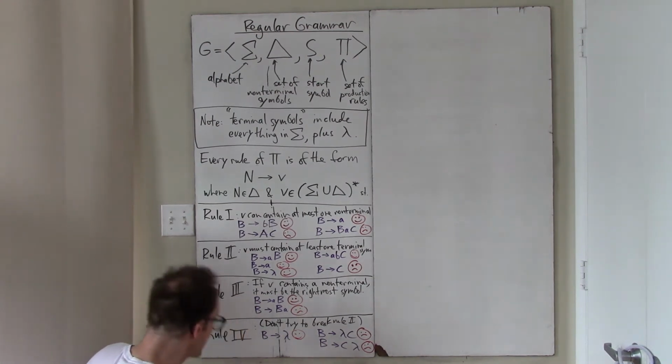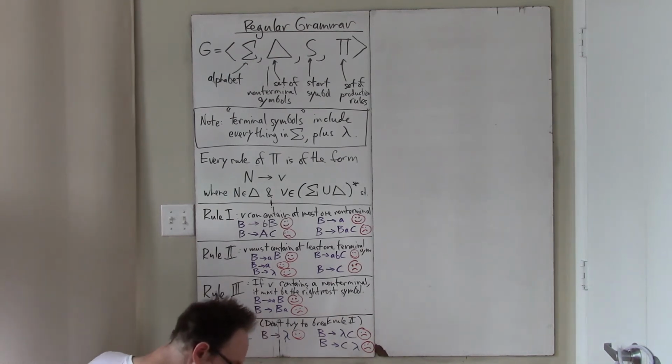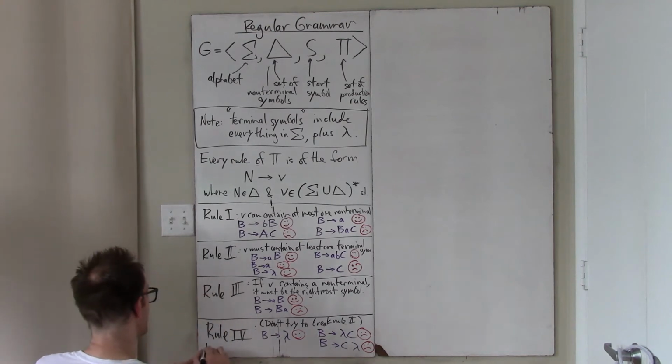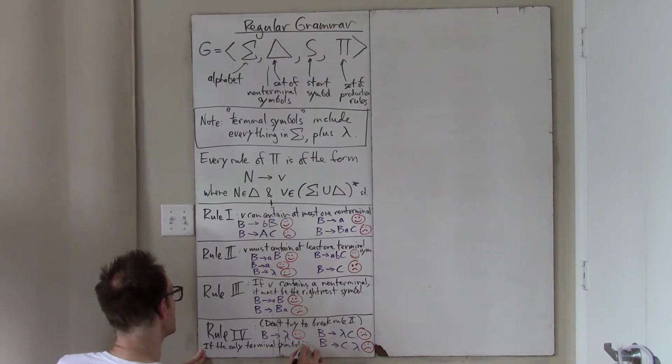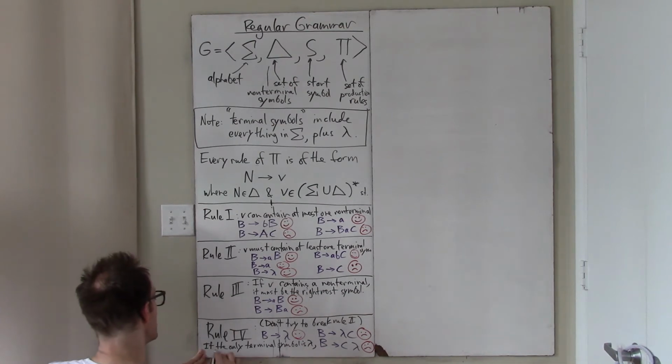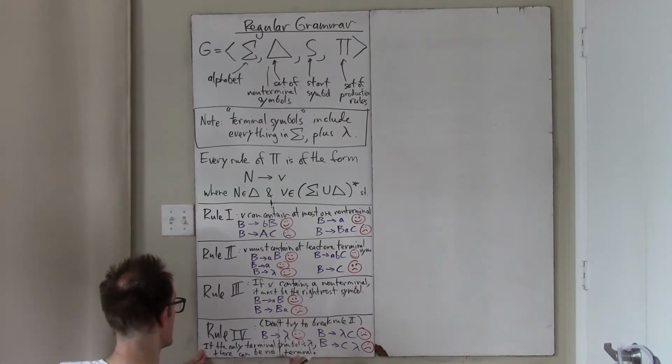So this rule states, I forgot to write it down, that if the only terminal symbol is lambda, then there can be no non-terminal symbol.